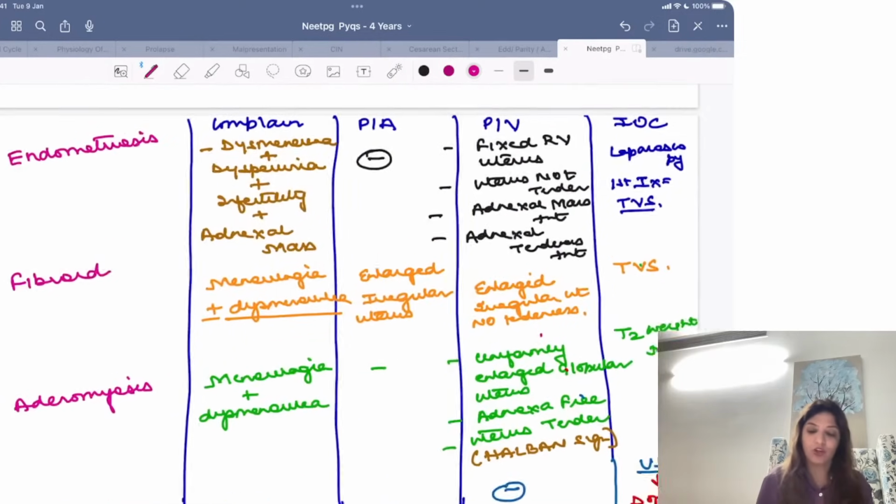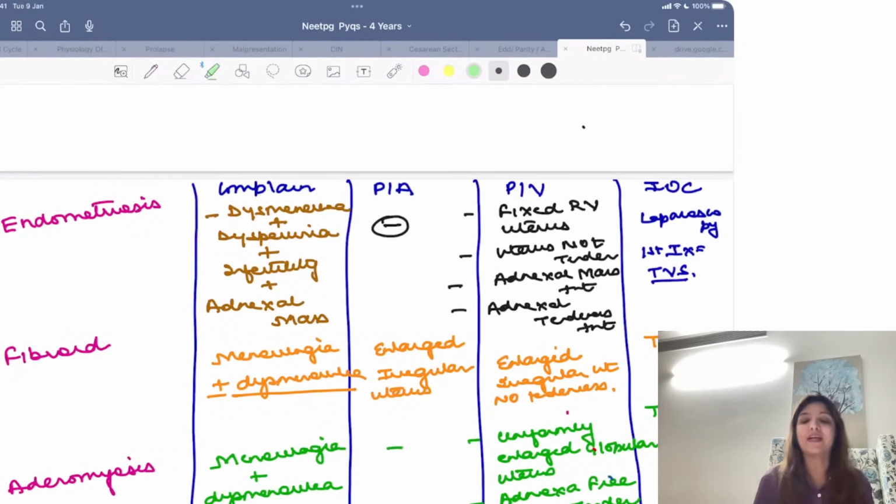In endometriosis, there are very typical per vaginal findings. They will say that the uterus is fixed and retroverted. Right? Uterus will not be tender and adnexal mass will be present. What is that adnexal mass? It is chocolate cyst. And adnexal tenderness will be present.